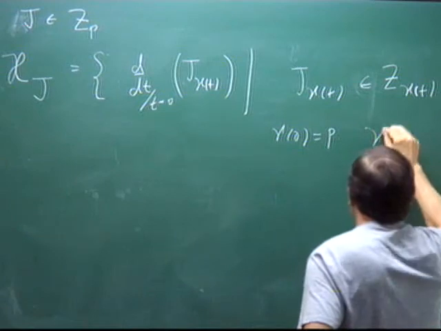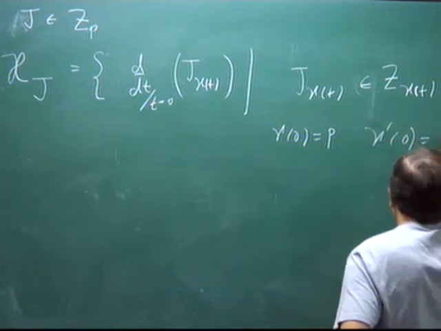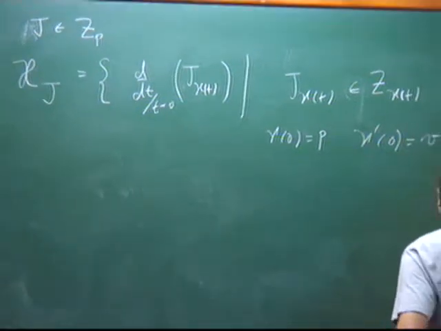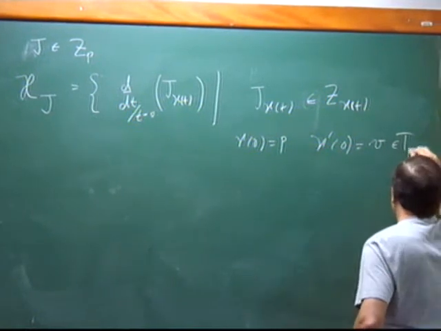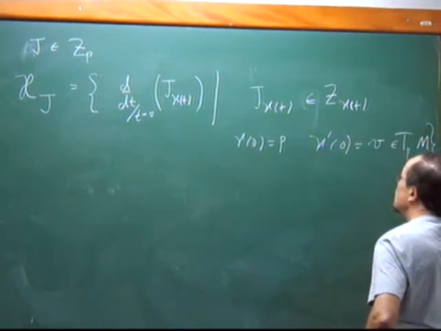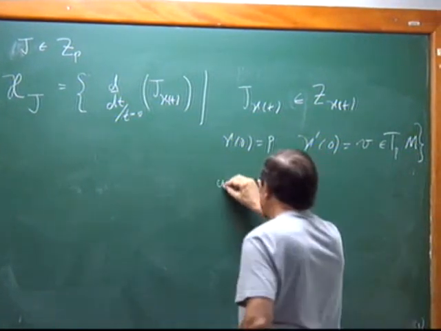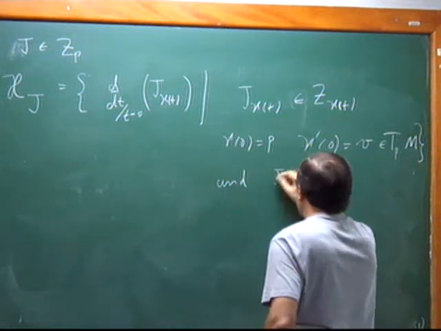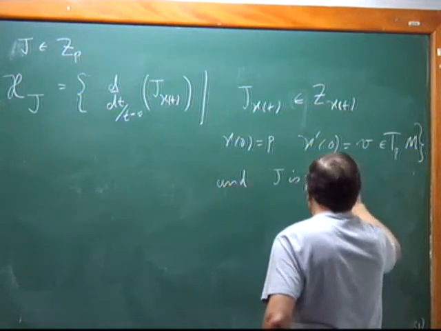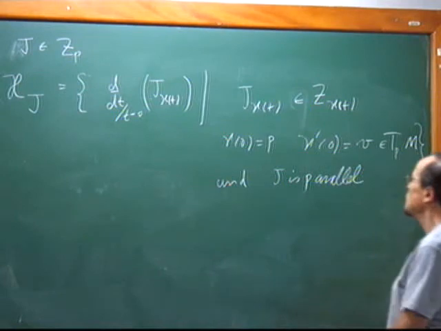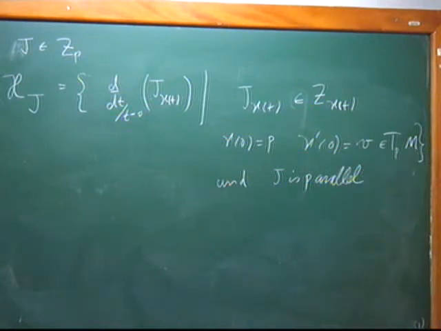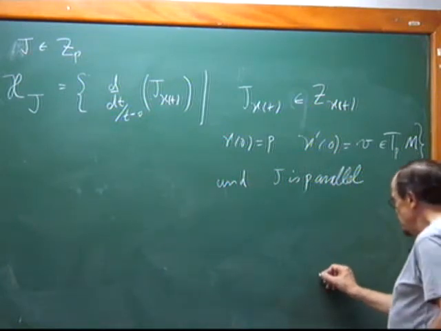This here is in Z at p. It starts at p, and γ'(0) is some vector v in T_pM. And in addition, J is parallel. So in other words, right, take your point.